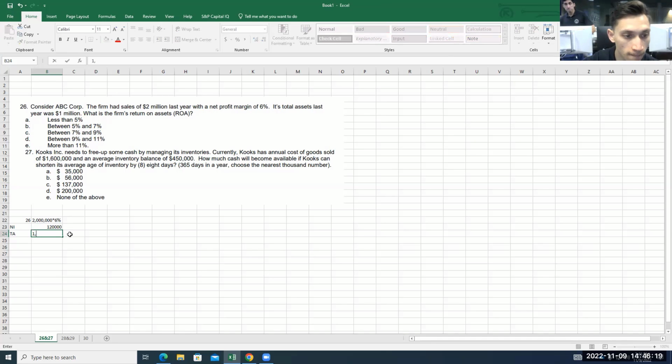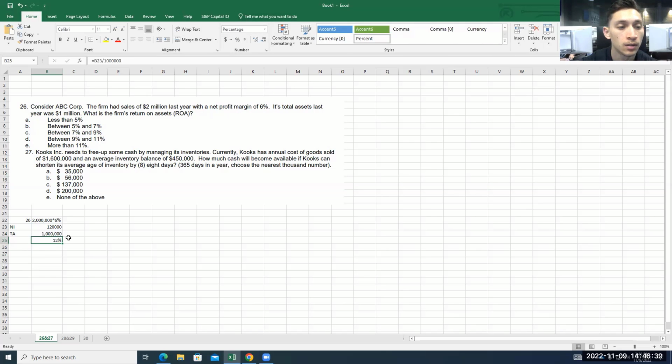So we just plug this in to the net income divided by total assets, divided by our 1 million. That gives us 12, and we make it a percentage of 12%. Return on assets is going to be E, more than 11%.